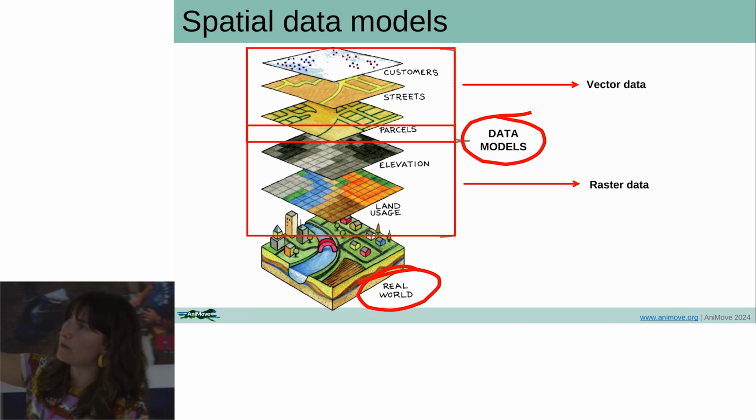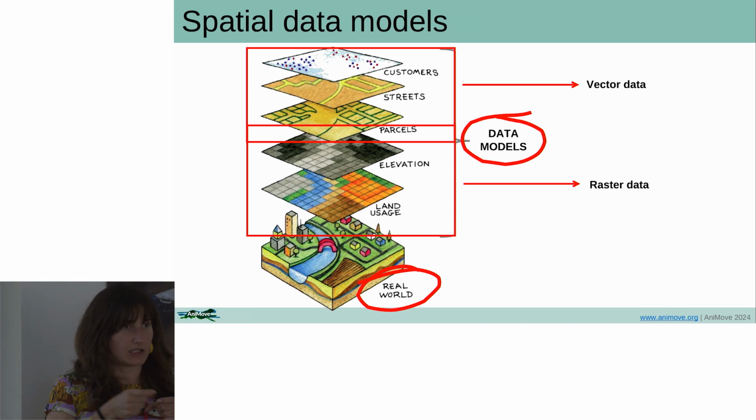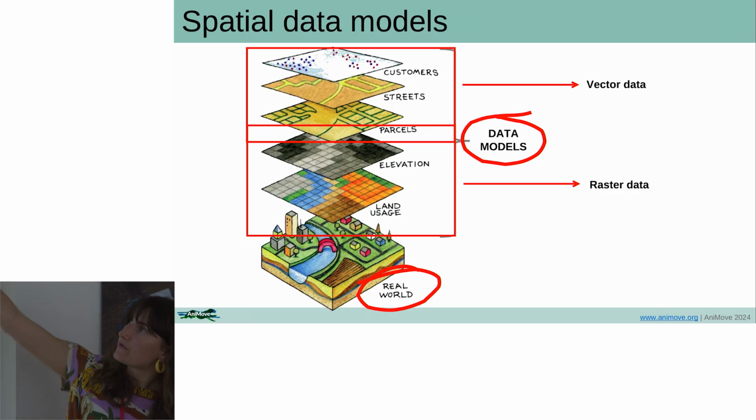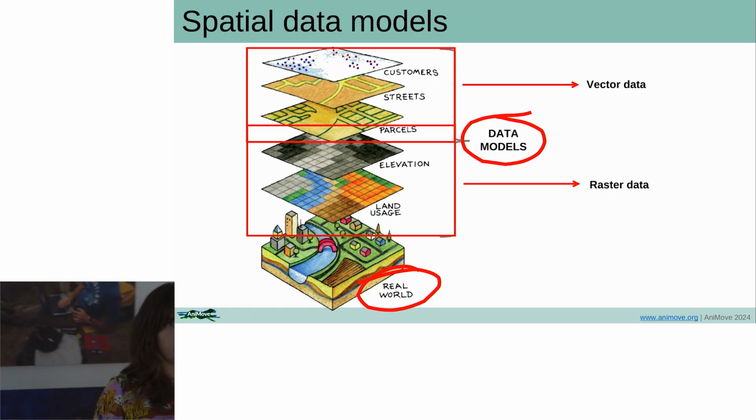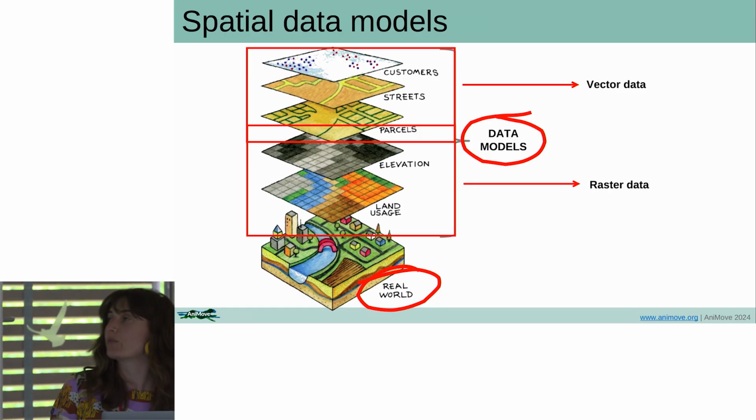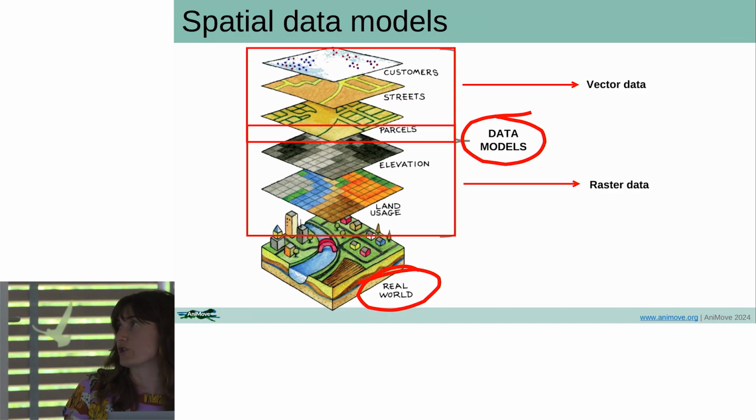Raster data are basically grids that tell us at each point in the space that we are sampling, how the vegetation looks like, or how the elevation looks like. So it's a continuous description of what we see on the ground. And then there is vector data, that is what we are going to talk about now, that is mainly points, lines, and polygons. So very simple features, simple representation of objects.